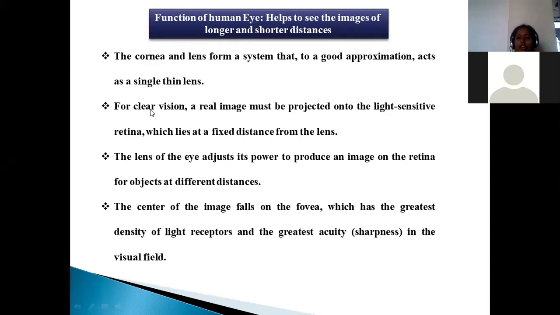Whatever light falls on the cornea is transferred to the retina, and in order to get a clear and real image, the distance between the cornea and the retina should be in a fixed position.